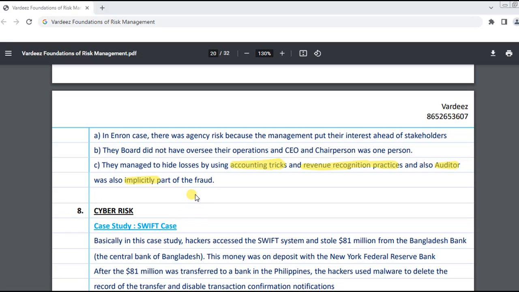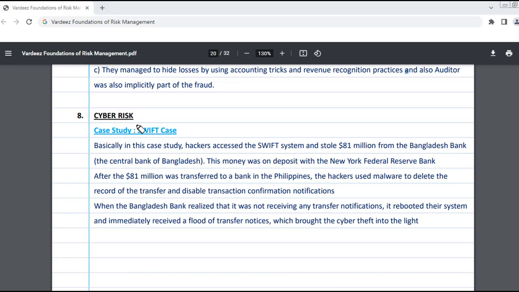And finally, to complete this chapter, we have the last case study, and that is for cyber risk. The case study is Swift. Basically, some hackers accessed the Swift system, which is a system we use for making international transfers of payments. The hackers accessed the system of Swift, and they managed to steal $81 million from the Central Bank of Bangladesh.